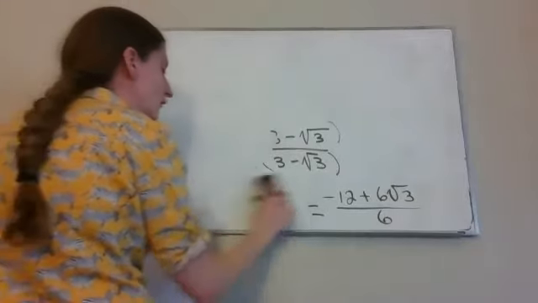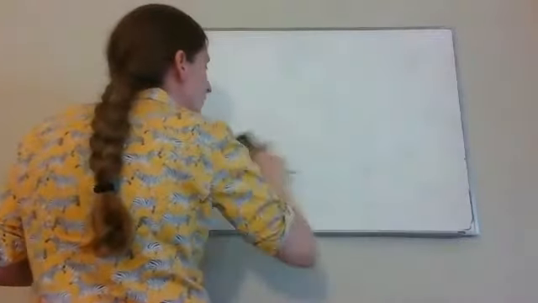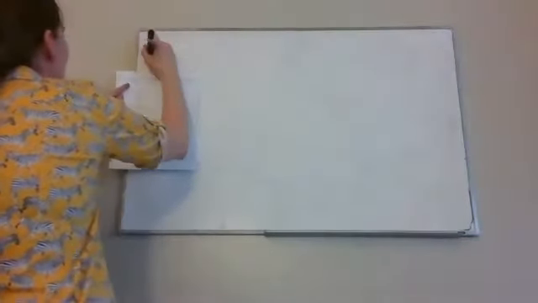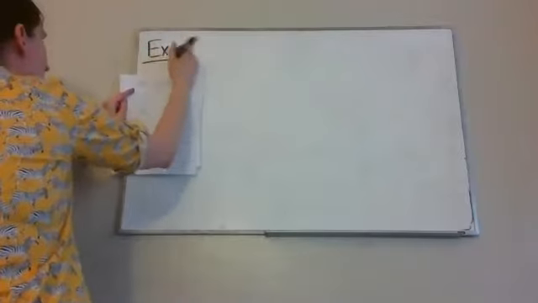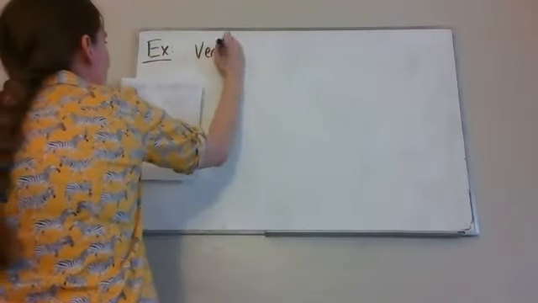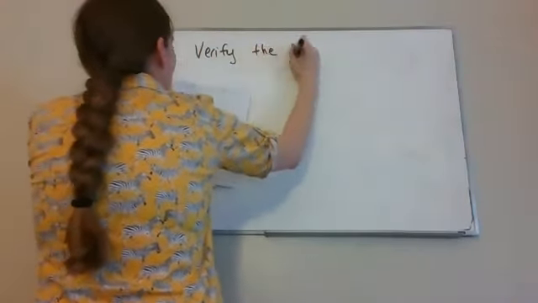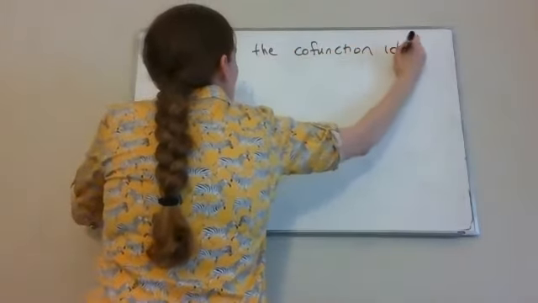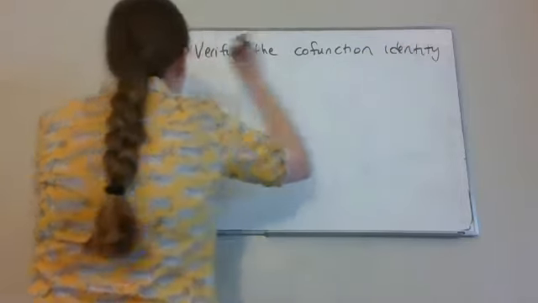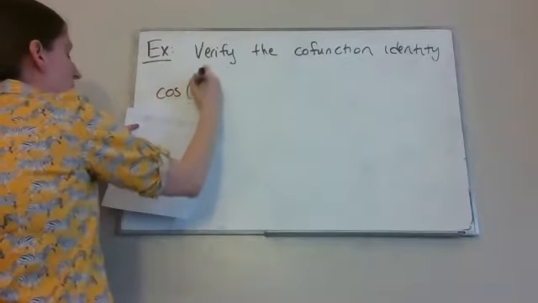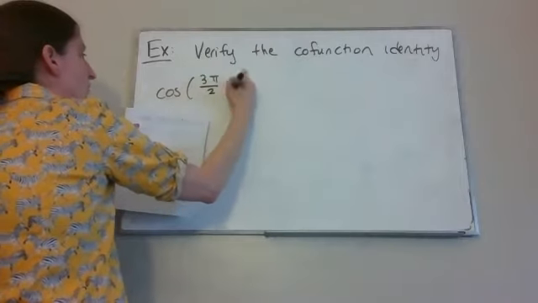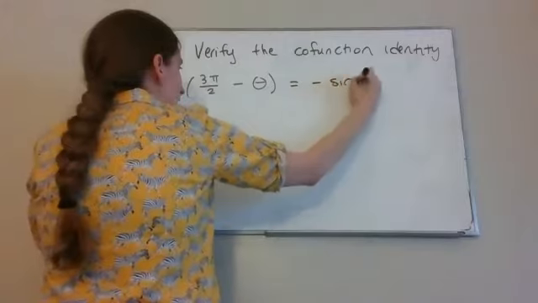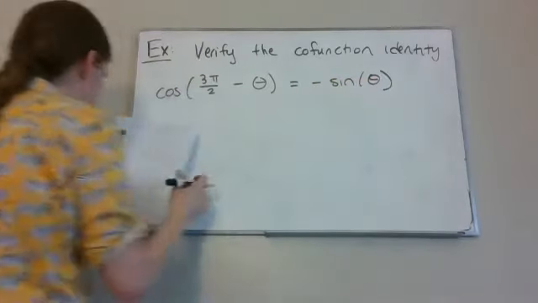Now, these sum or difference formulas can also be used to prove different other identities. So let's do an example of that. We are going to verify the co-function identity cosine of 3 pi over 2 minus theta is equal to negative sine of theta.